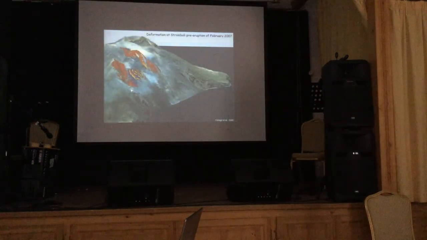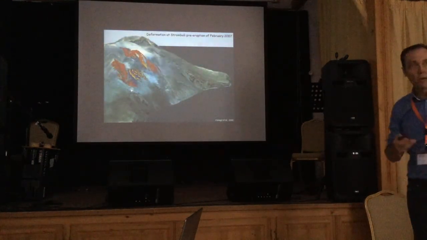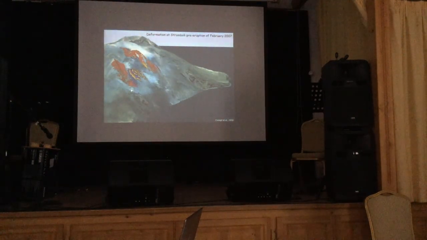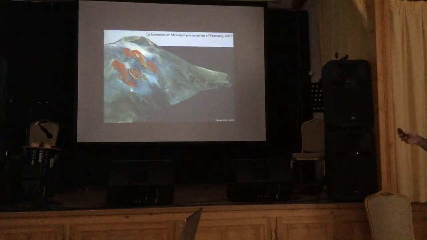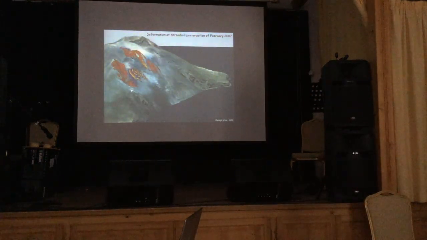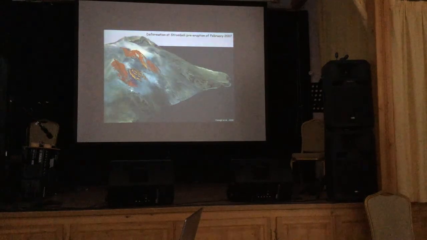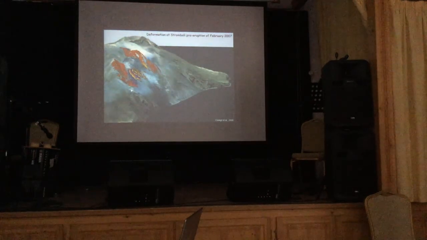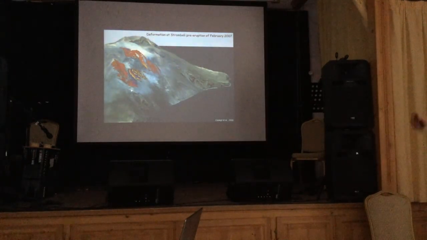And this is an example from Stromboli. I told you there are a lot of instruments that can detect the deformation of the surface. And this is a very nice picture because there is a superimposition of a 3D image obtained by the digital elevation model with interferometric data. Interferometric data means data obtained by a radar that sends signals, then receives the signals back, and calculates the movement of the topography, each few minutes in this case.